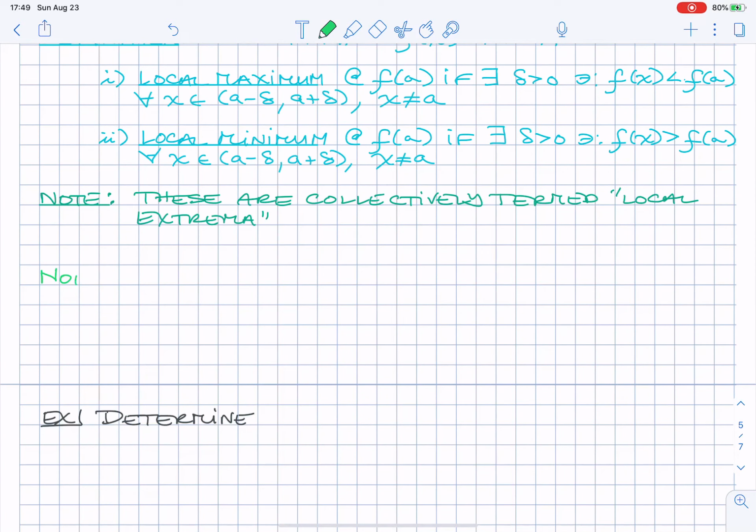Note: at the local extrema, the graph of f of x is neither increasing nor decreasing.